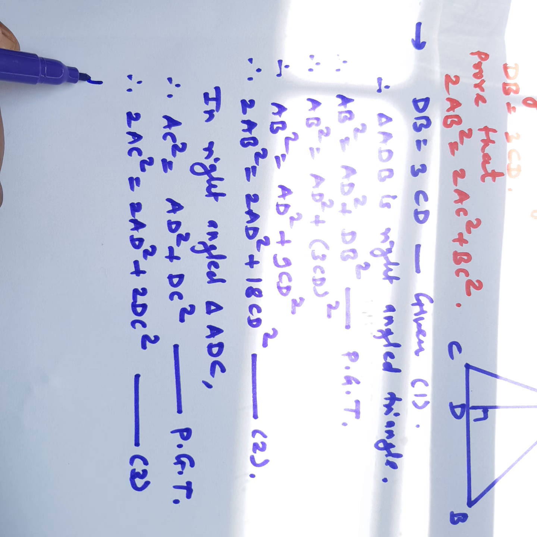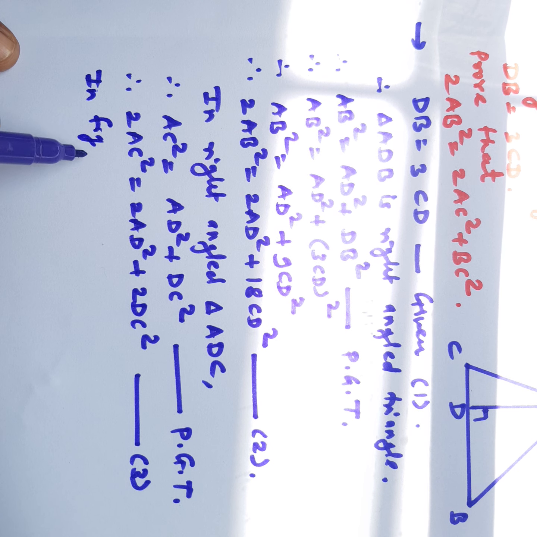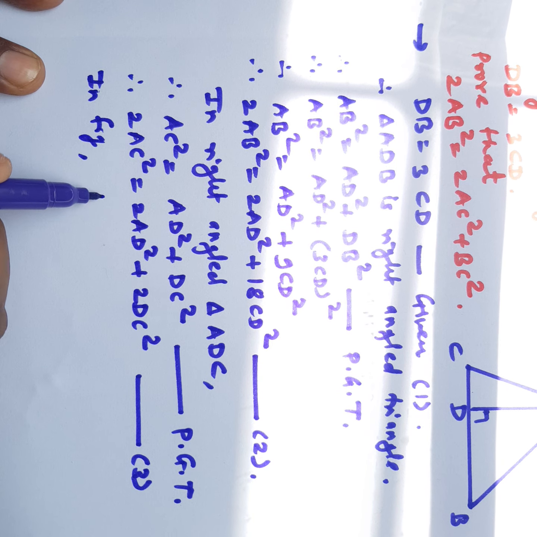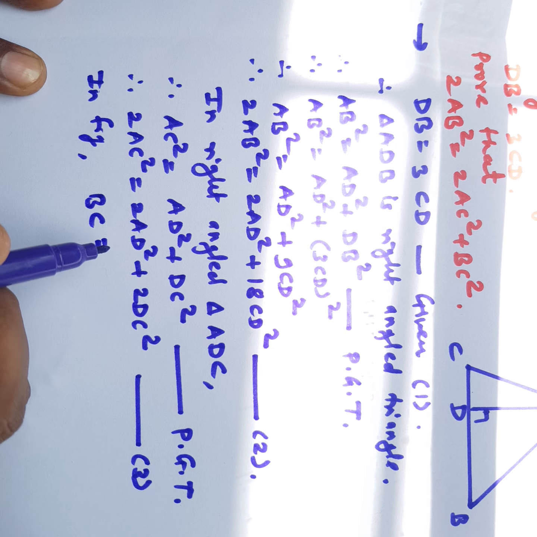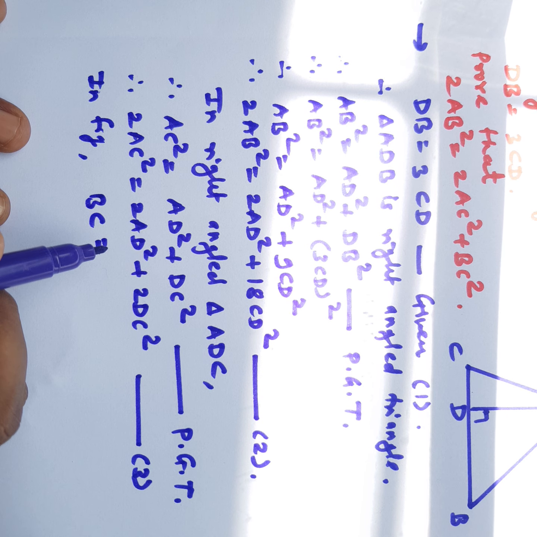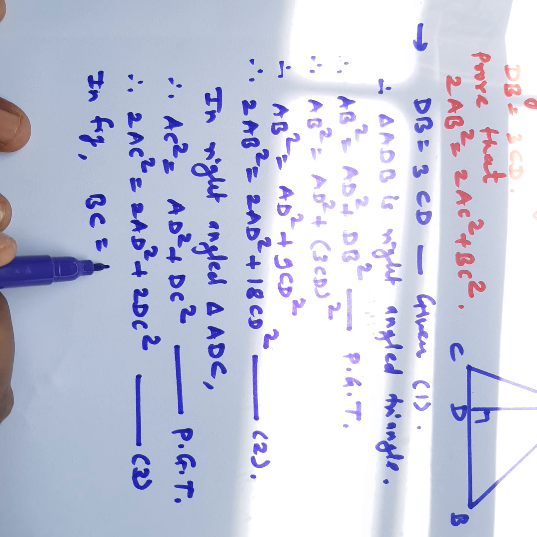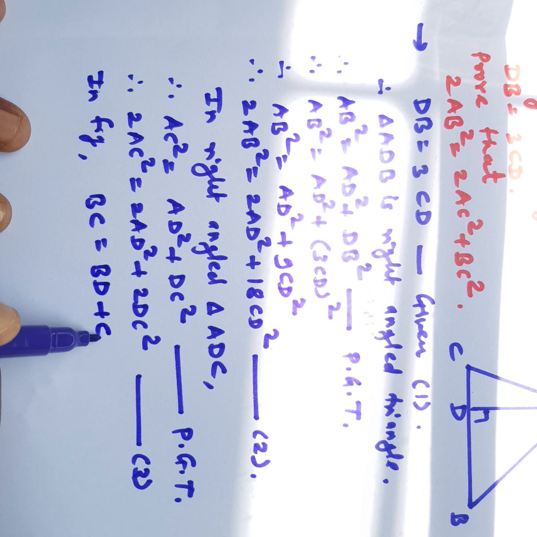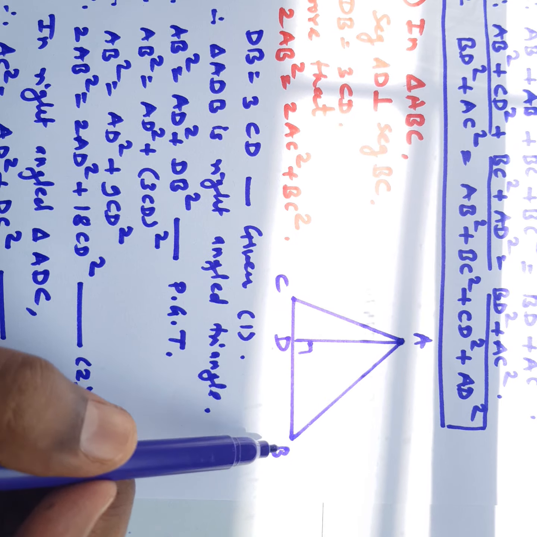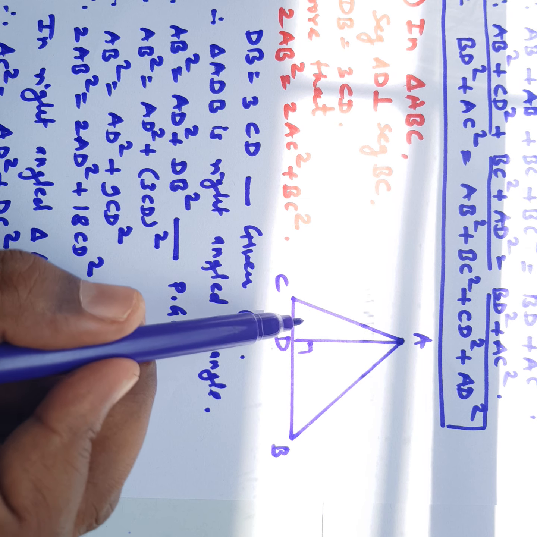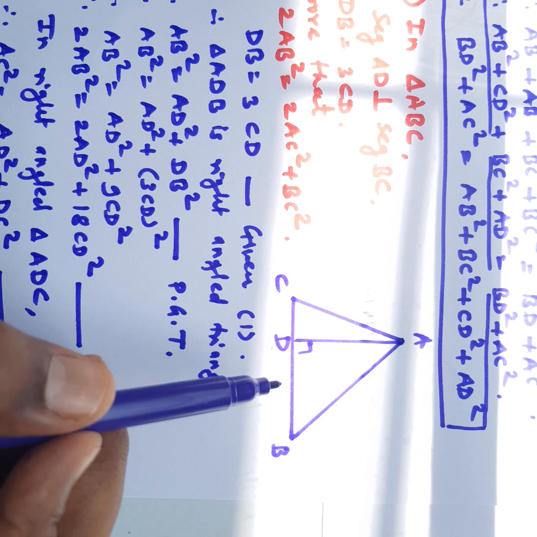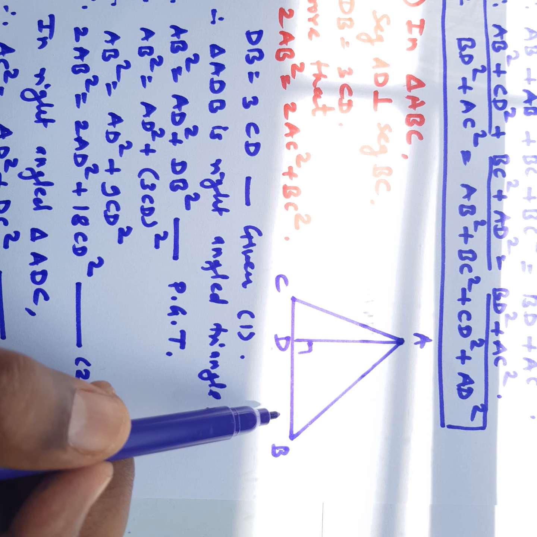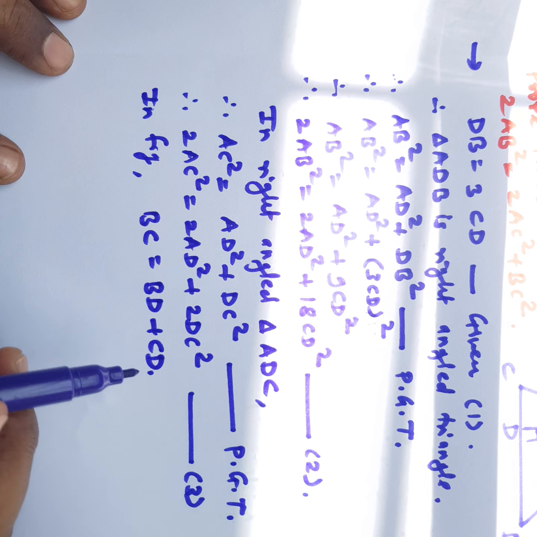In the figure, BC is equal to BD plus CD. See in the figure, BC is equal to BD plus CD, but it is given that BD is equal to 3CD.